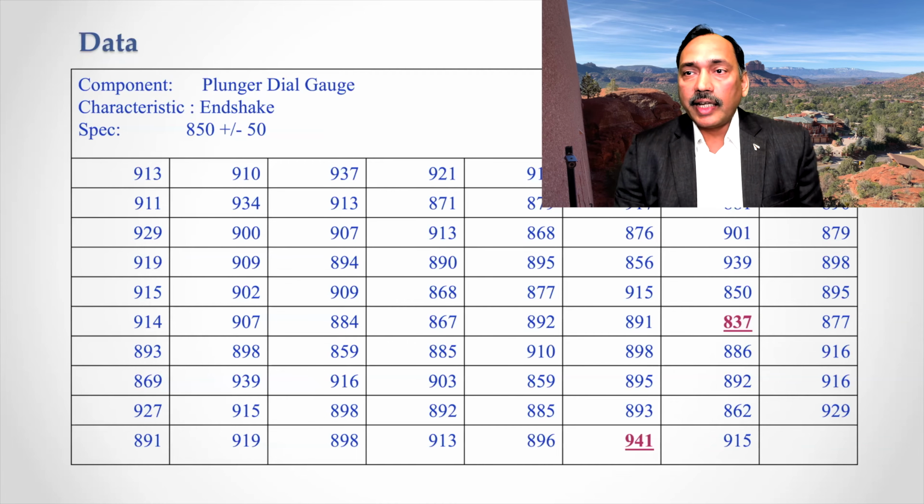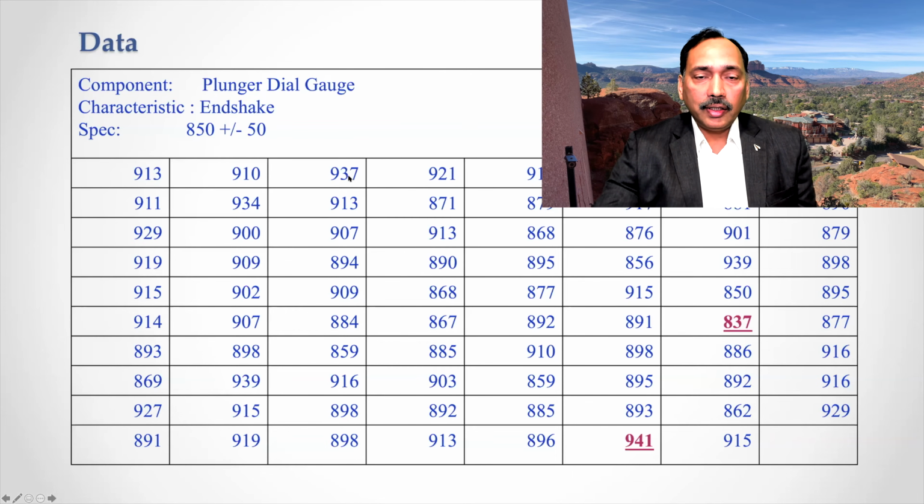So here is one example from manufacturing. I was involved with the data collection and also analysis, and this is, I think, a bit old data, more than 20 years old. This was when I was working with a consulting company, and we were helping a company to implement statistical methods.